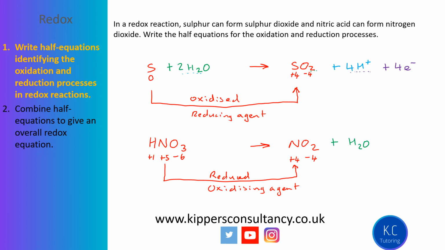We can see on the left hand side I have 1 hydrogen, and then on the right hand side I have 2 hydrogens. So I'm going to add 1 hydrogen ion here, and then finally I need to balance the charge, and I'm going to do that by adding an electron to the left hand side. And here we have our 2 balanced half equations for the oxidation and reduction processes.